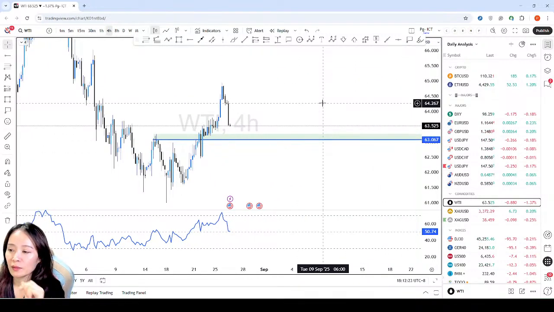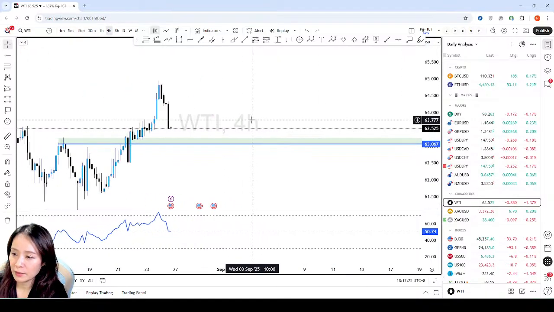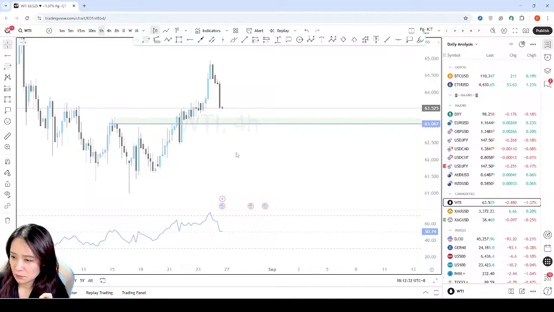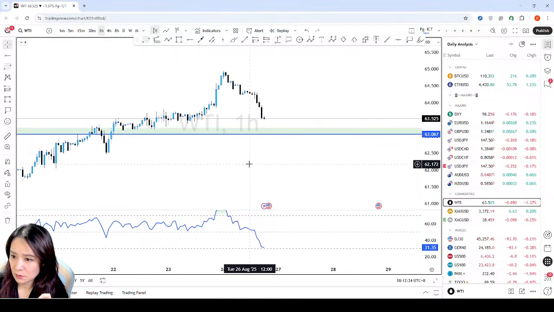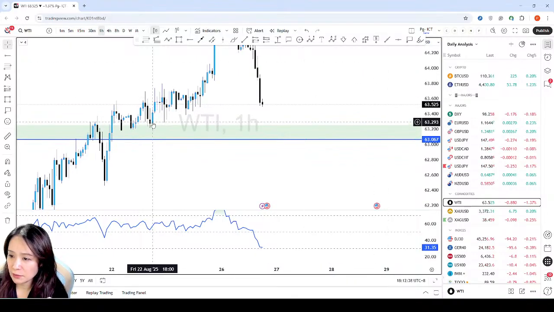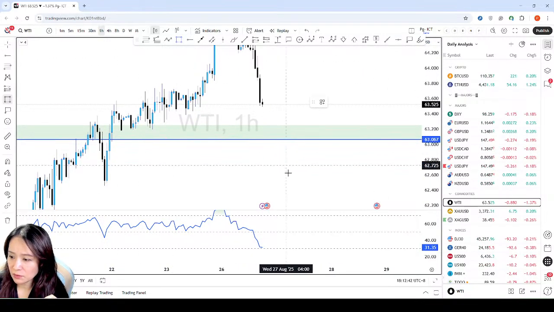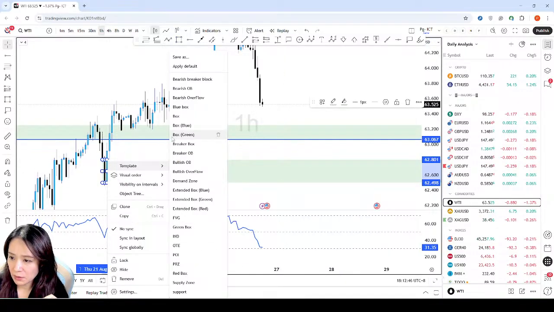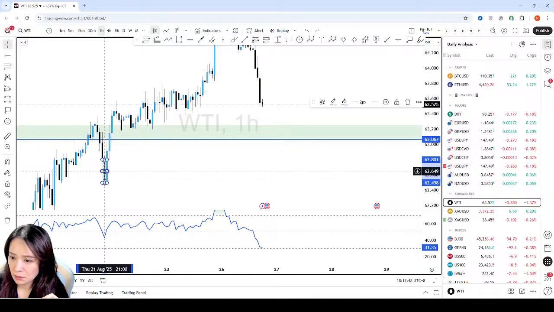If you want to buy here, price is still falling. I go to H1. Okay, there is a zone for you to buy. If the price is already falling, you may consider the bullish order block here.